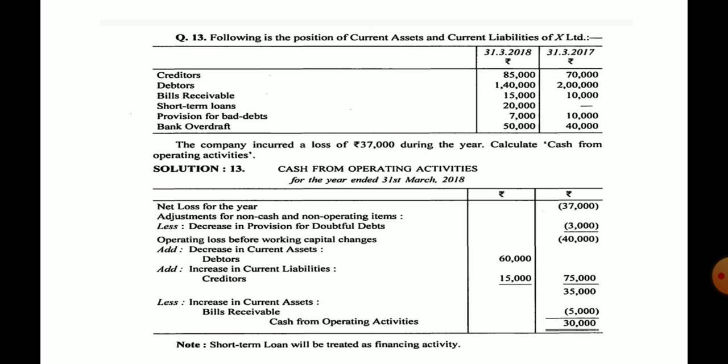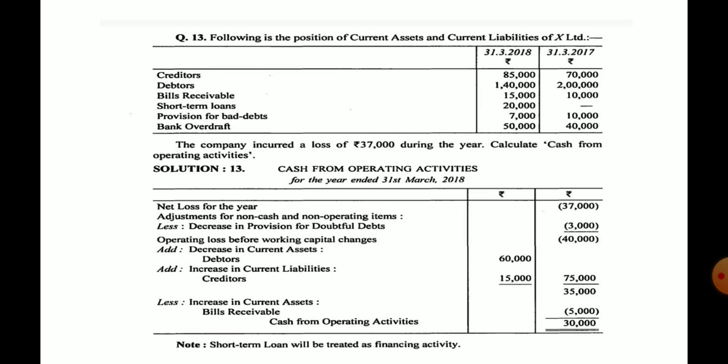Now add decrease in current asset, debtors 60,000, and add increase in current liability, that is 15,000. 75,000 will be the answer, that is 35,000, because 40,000 is negative and 75,000 is positive. Now less increase in current asset, bill receivable 5,000, and now the cash from operating activity is 30,000.